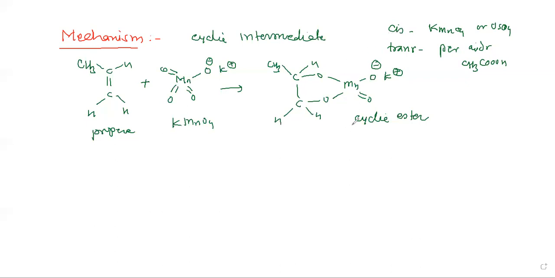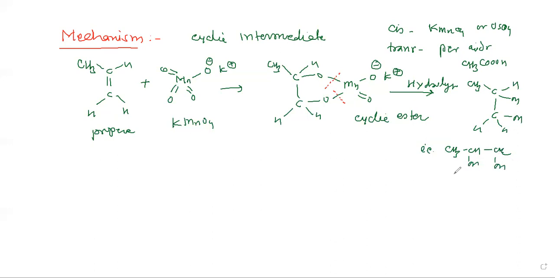This cyclic manganese ester undergoes hydrolysis, and during this, the bonds between Mn and oxygen are broken, and here we get the product CH3CHOHCH2OH, which you can write as propylene glycol, or propane 1,2-diol.